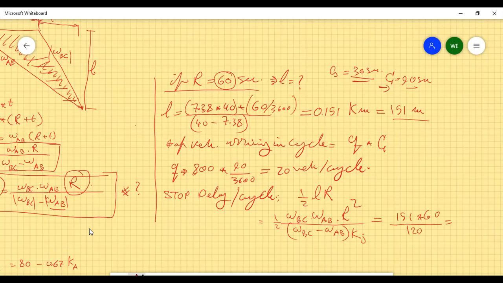So the units will be now how much? 60 multiplied by 151 divided by 120. I'm sorry, this is half here, divided by 2. So this is 37.75 seconds.